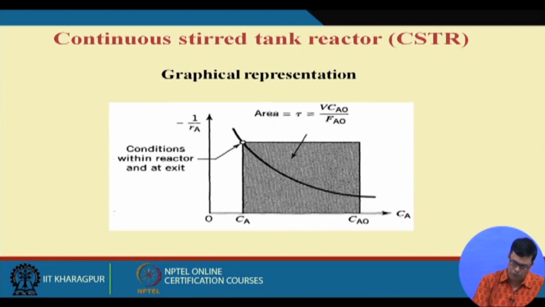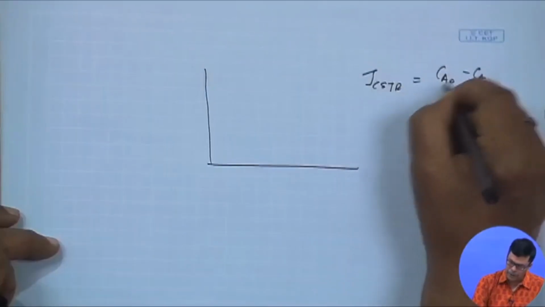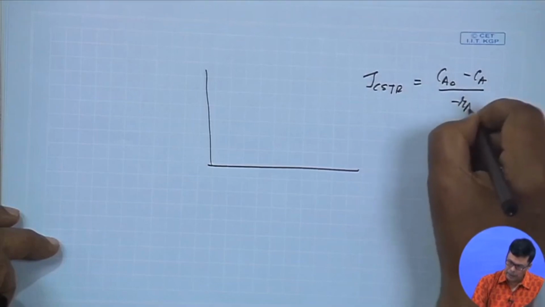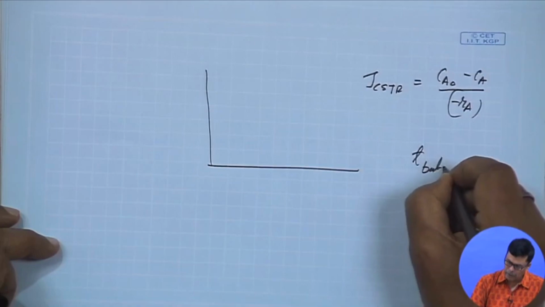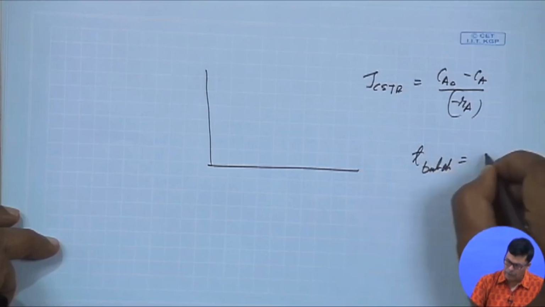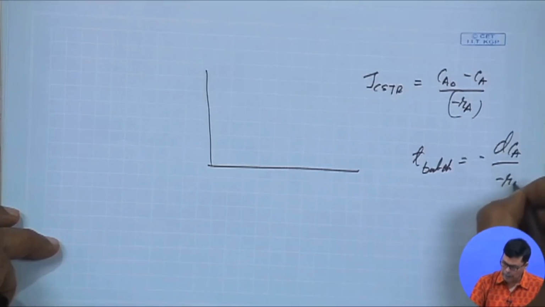In the tau CSTR you can remember we derived the equation like this: Ca0 minus Ca over minus Ra. And in the batch process we derived this equation: minus dCa over minus Ra.